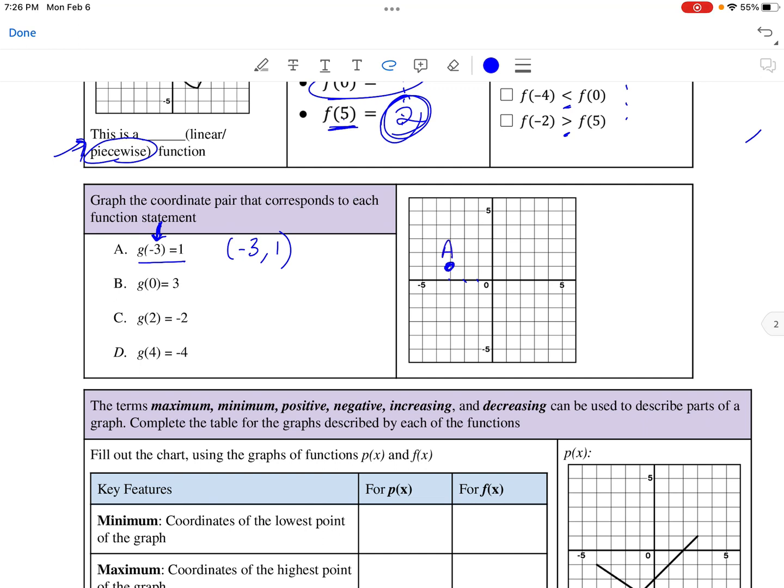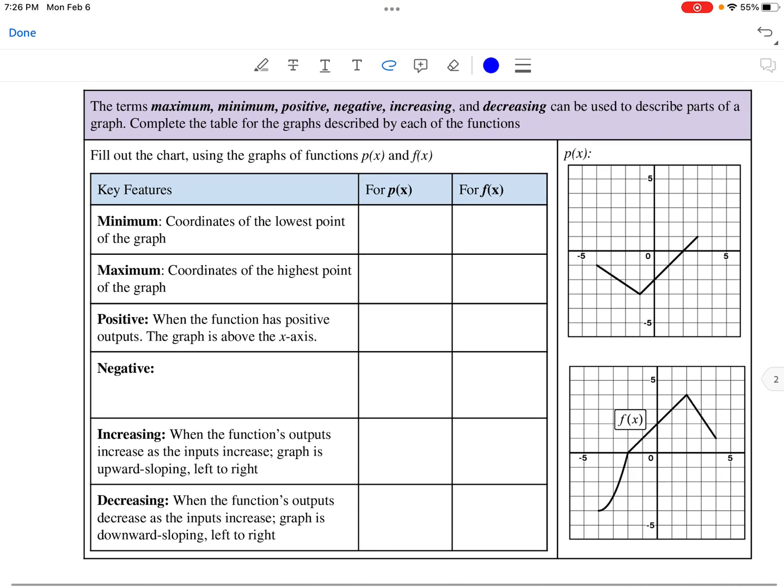And that is point A. So we'll go ahead and do that for all these points. Input is 0, output is 3, over 0, up 3, that is point B. So you're going to graph point C and D on your own.